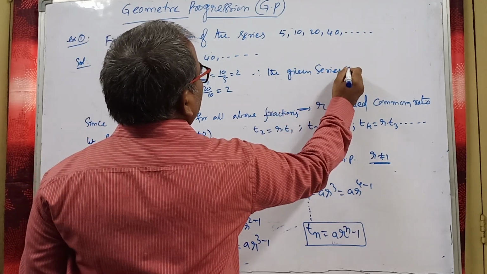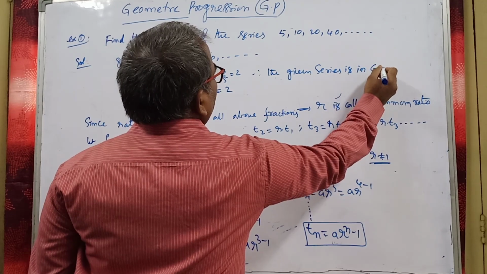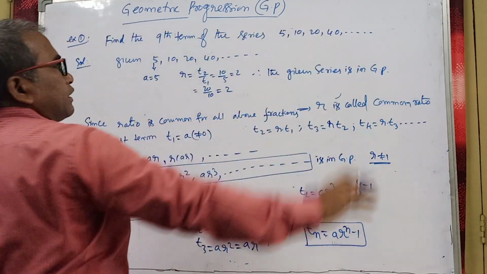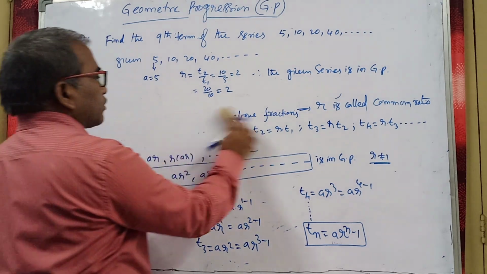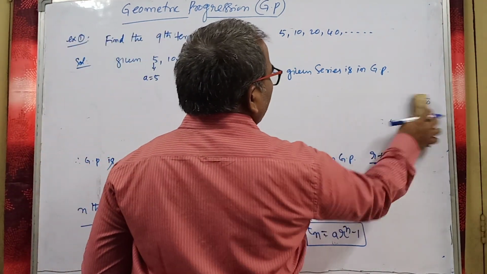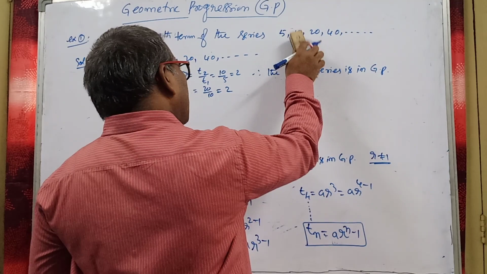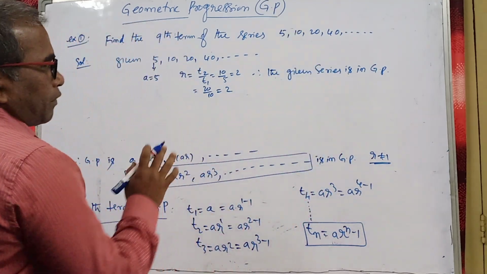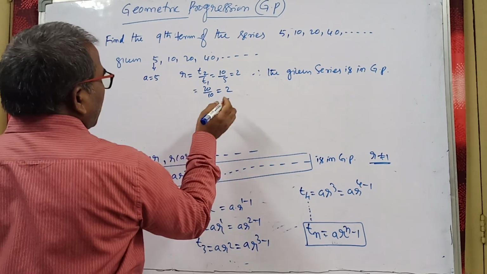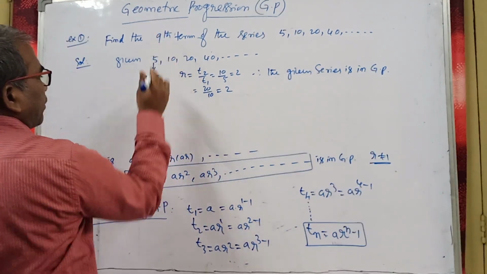They did not say the series is in GP, so you have to confirm. Sometimes they would not say GP. If they say GP, then you are 100% sure, but confirming is good practice.